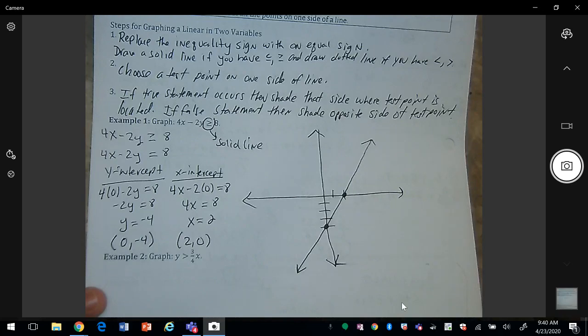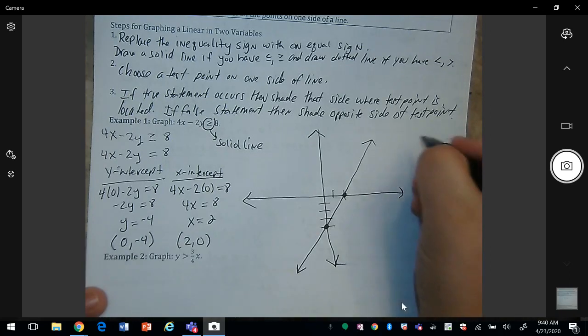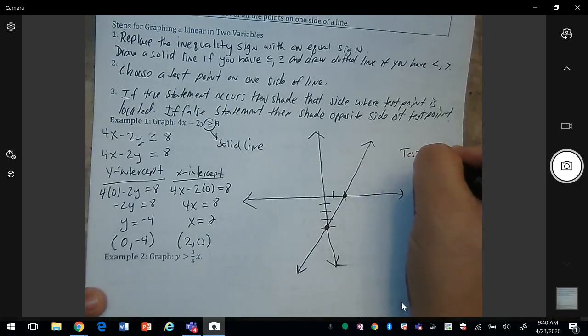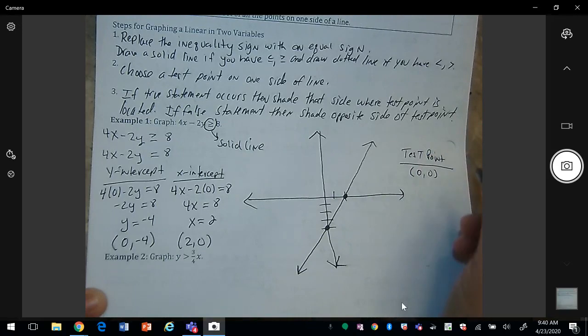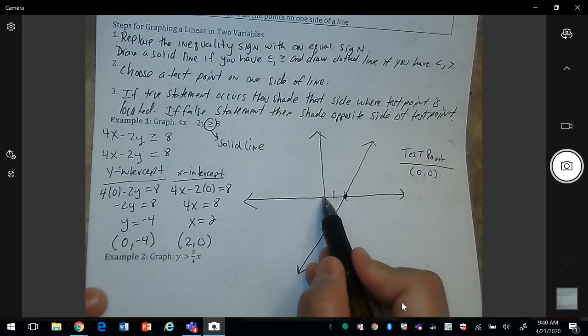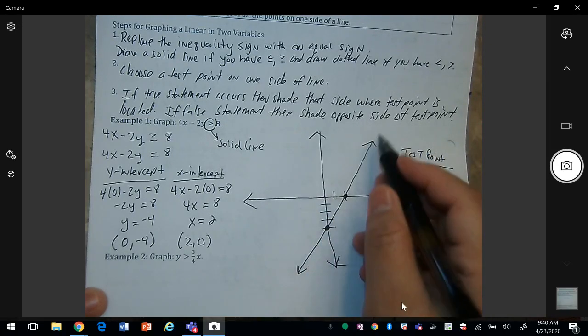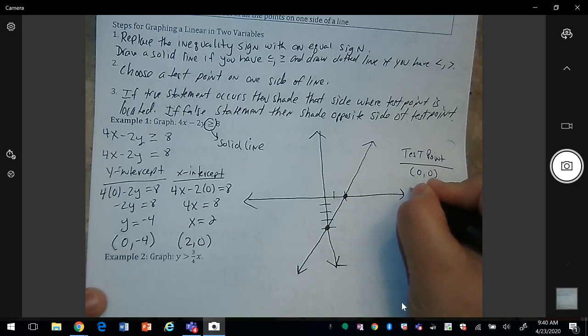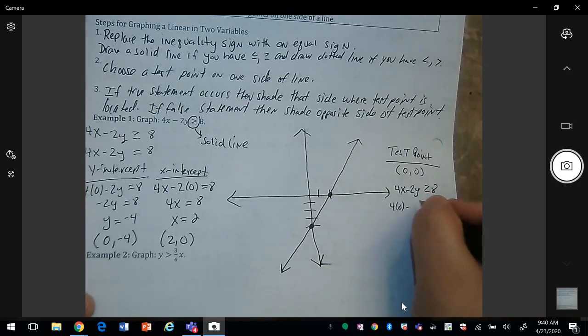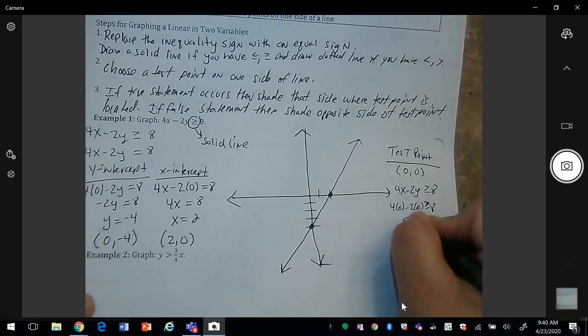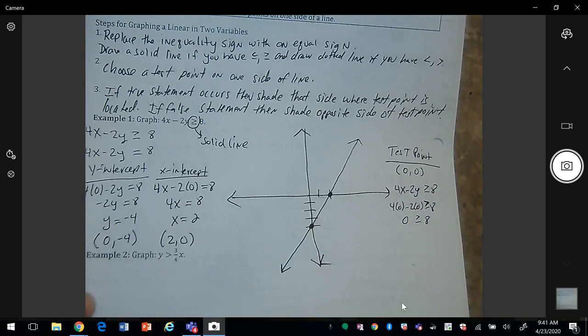Then we need to choose a test point. The test point cannot be part of the line. The easiest test point, if it's available, is 0, 0. And here's 0, 0. So it is available because it's not part of the line. So when x is 0 and y is 0, we get 0 is greater than or equal to 8.